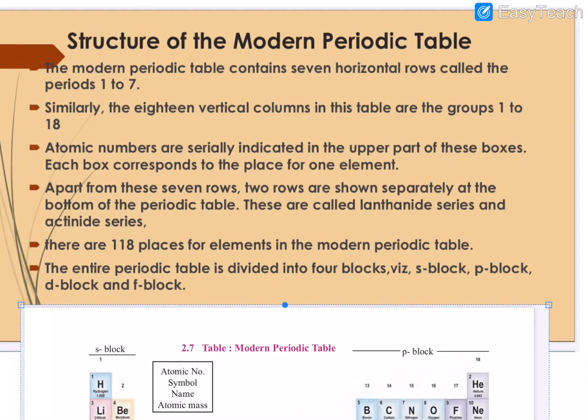There are 118 places for elements in the modern periodic table, and the entire periodic table is divided into 4 blocks: S block, P block, D block and F block.